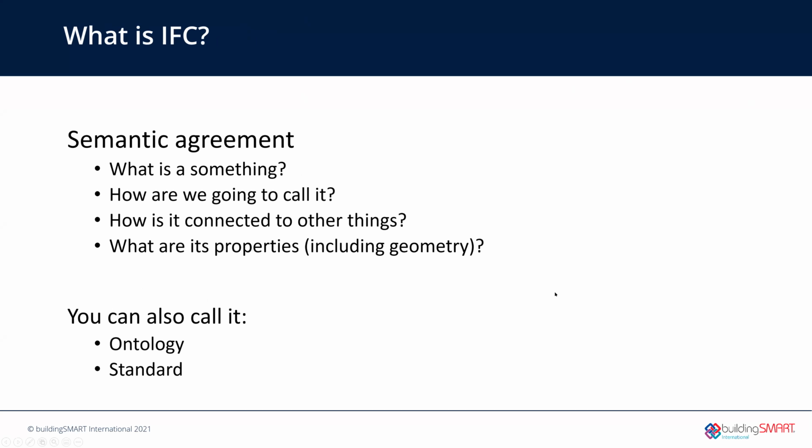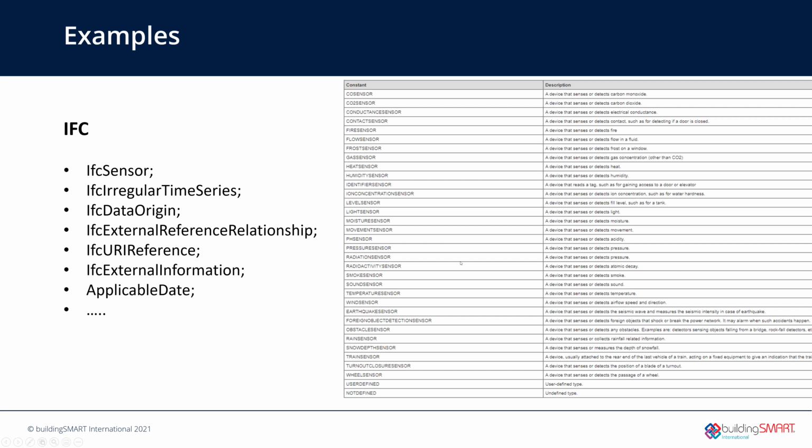So you can call this a standard, you can call it an ontology. It doesn't really matter to me what you call it, but that's what IFC is. And like I said, it is quite rich. Just sharing with you, leading up to the following presentations as well, that IFC is not just about doors and walls. There are a lot of different IFC sensor types in there.